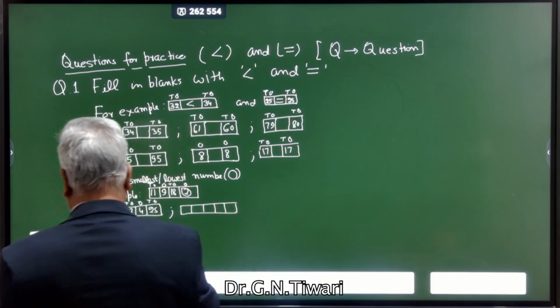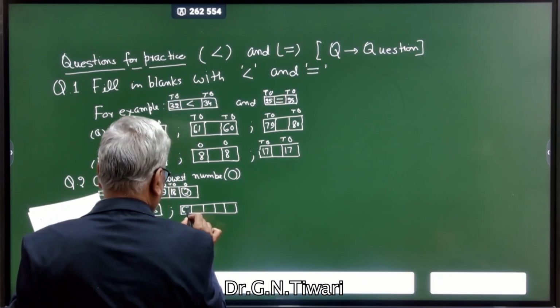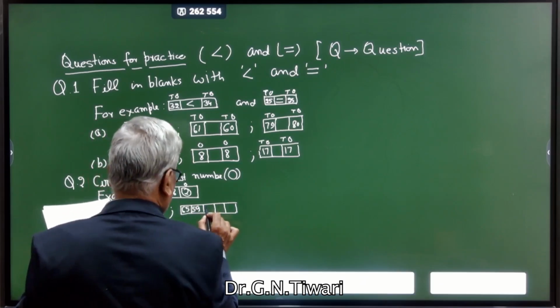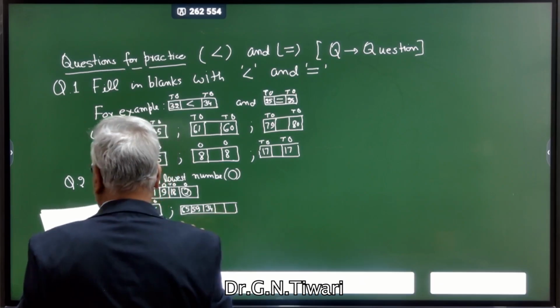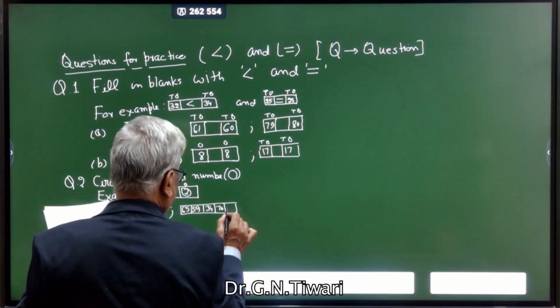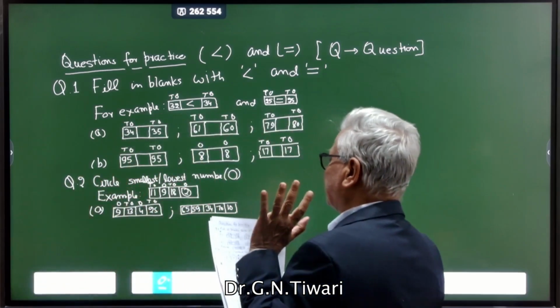Just say 65, then 59, then 34, then 70, then 10. So he should circle the smallest number.